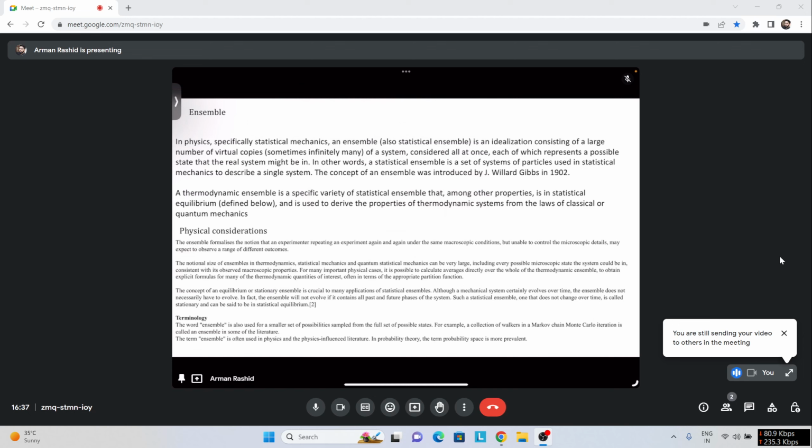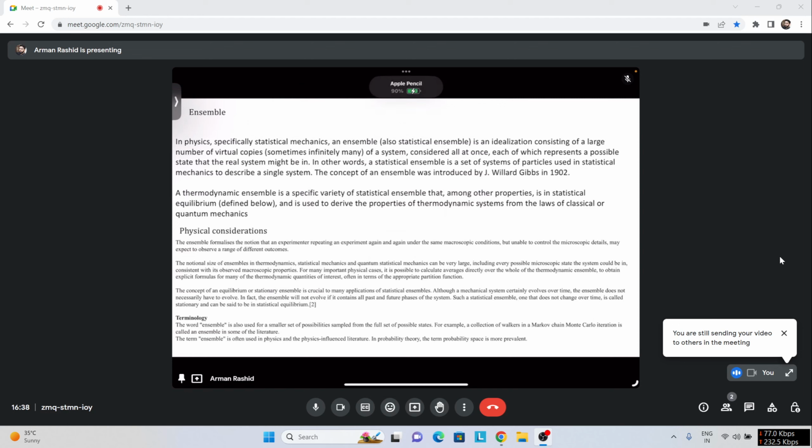The notional size of an ensemble in thermodynamics, statistical mechanics, and quantum statistical mechanics can be very large, including every possible microscopic state a system could be in, consistent with the observed macroscopic properties. For many important physical cases, it is possible to calculate averages directly over the whole thermodynamical ensemble to obtain explicit formulas for many thermodynamical quantities of interest, often in terms of appropriate partition functions.